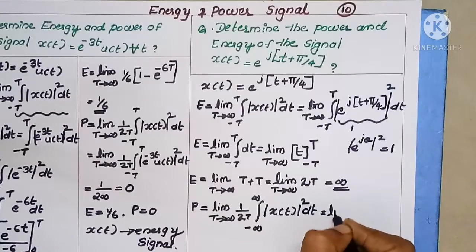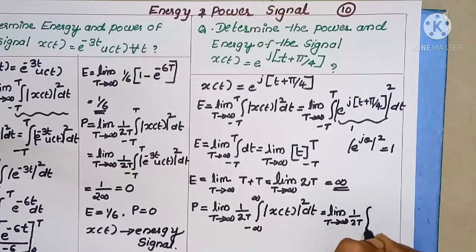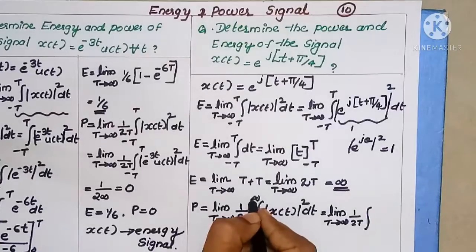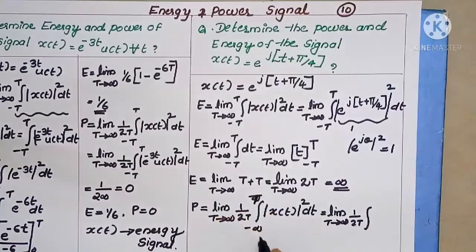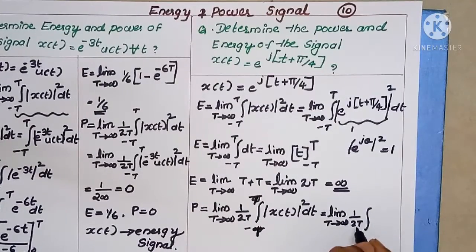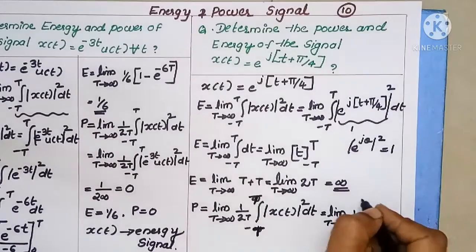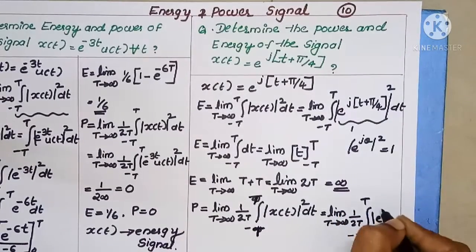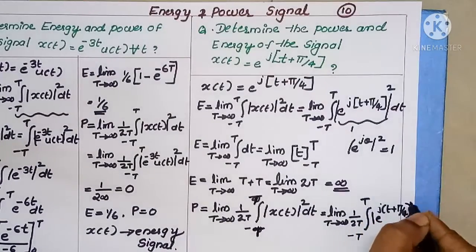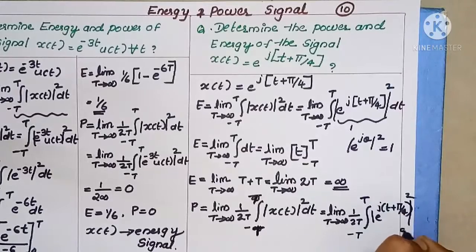Also we can apply the signal: limit t tends to infinity 1 by 2t, integral from minus t to t of e raised to j into t plus pi by 4 square dt. It becomes 1.